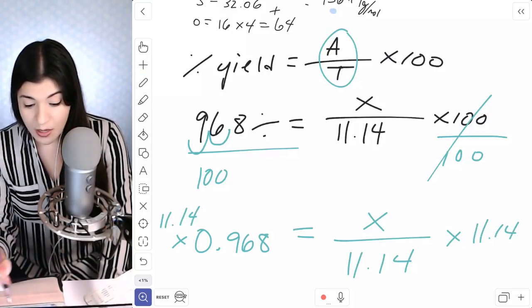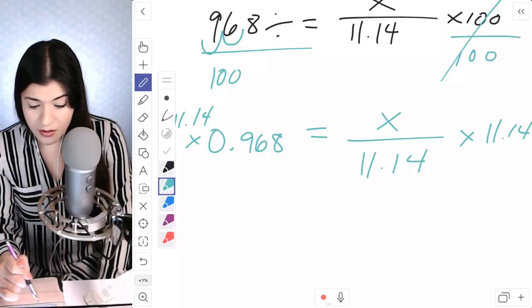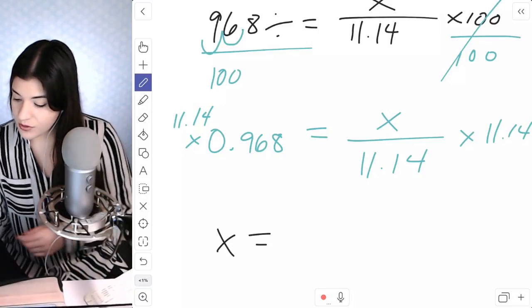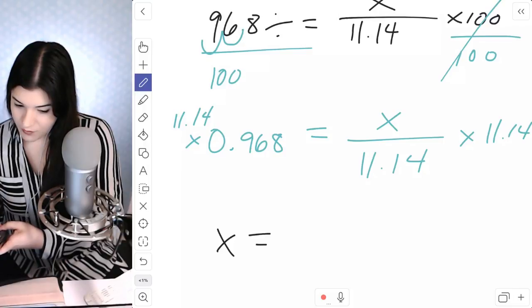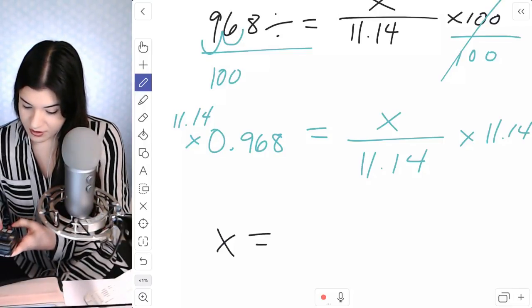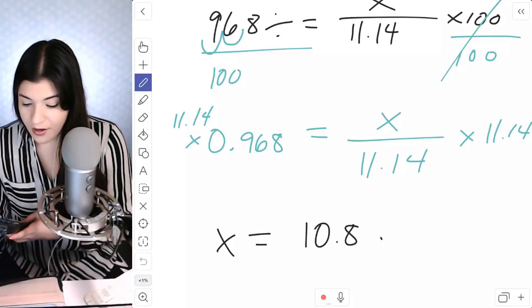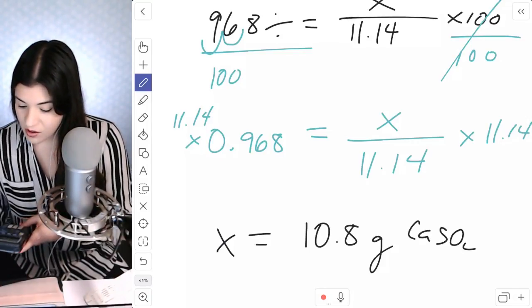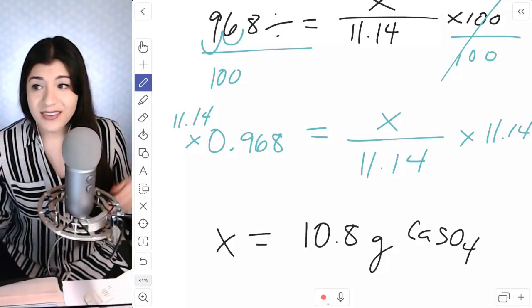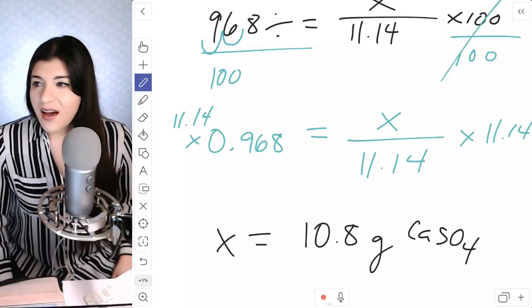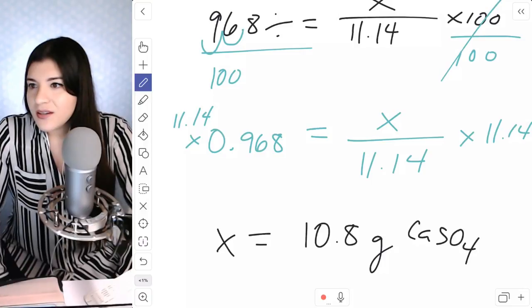And that would give us our actual yield. So x is equal to 11.14 times 0.968. This would be 10.8 grams of calcium sulfate. That is our actual yield. Okay, that's how you would do that. Let's see who's next.